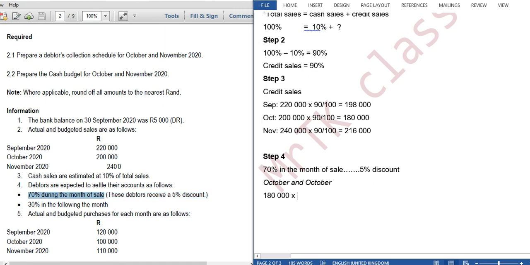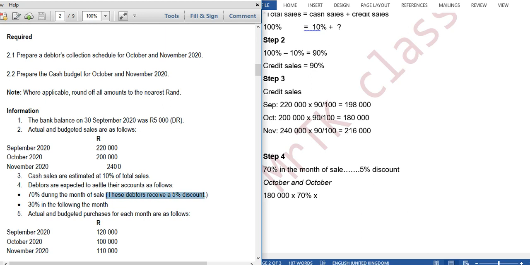We are going to collect 70%, right? Then of that 70%, these debtors, they said they are gonna receive 5% discount.